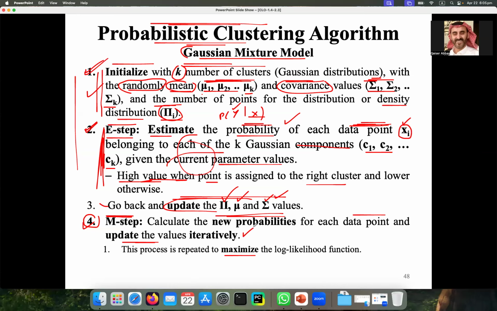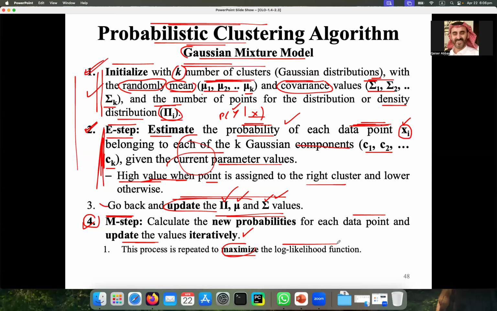Why iteratively? Because we want to maximize the log likelihood. Likelihood is probability. And the log of that probability means if you get something negative, it would become positive. When we were discussing logistic regression, at that point we used the log, and we discussed in detail why we use the log.